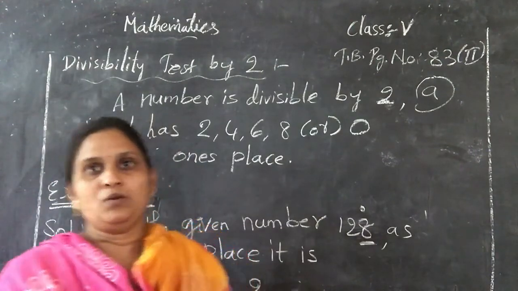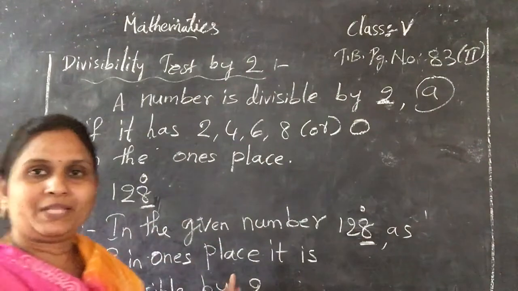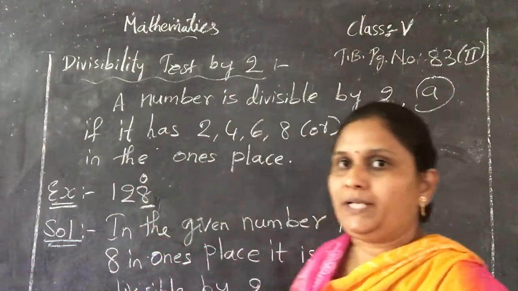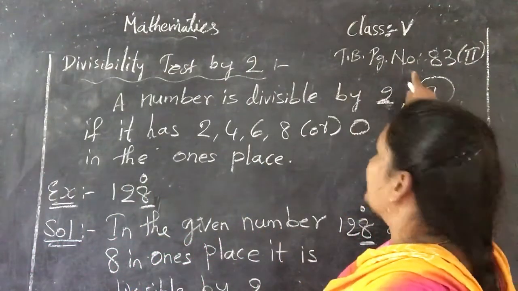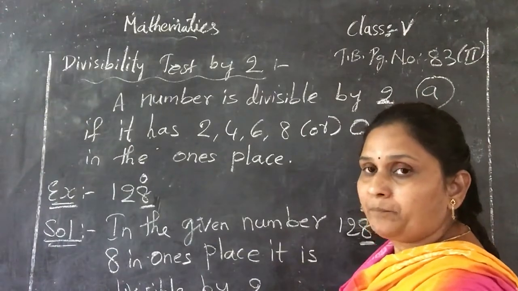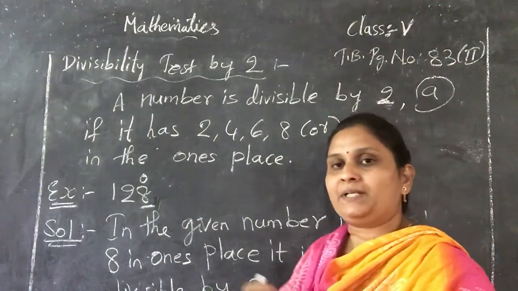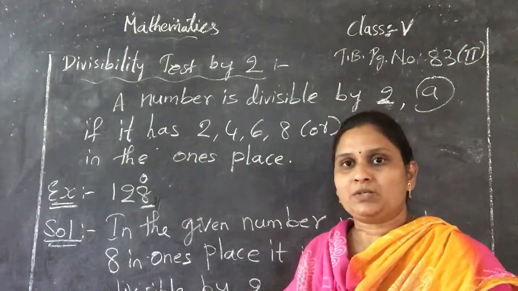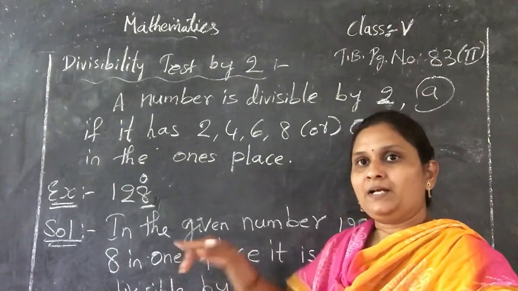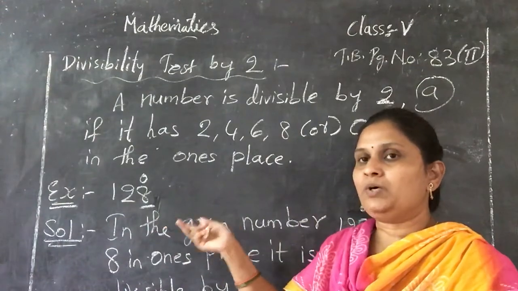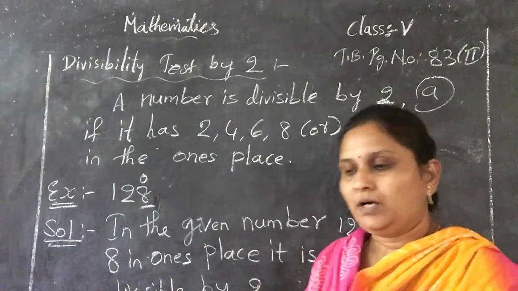Got it everyone? First copy this rule along with the example and then continue textbook page number 83, section 2A. How I have written the example solution, like that only complete all the numbers with the solution. And after that, the next rule I am going to explain now, so that you have to continue. Okay?